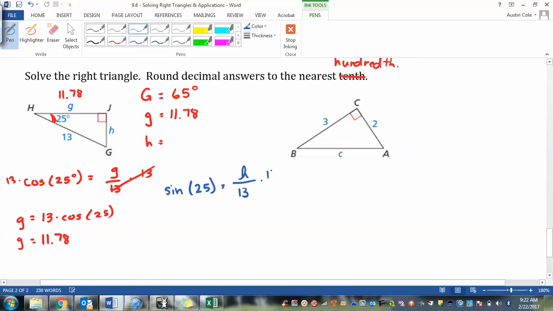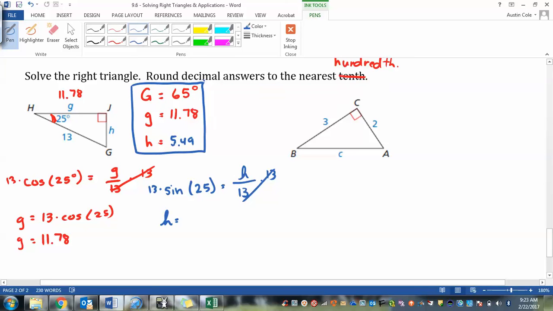Then I'm going to multiply by 13 on both sides, and h is going to equal 5.49. So now I have all my answers in one spot rather than trying to hunt for them.